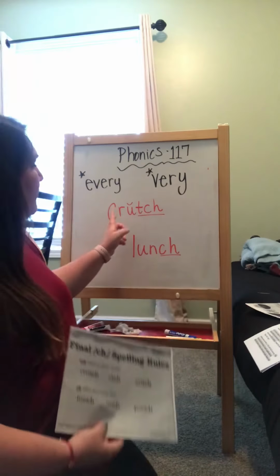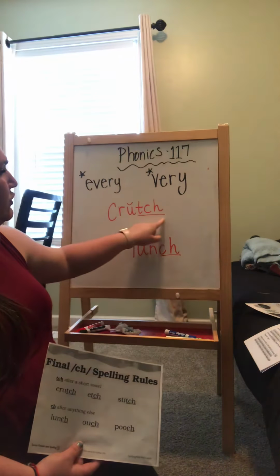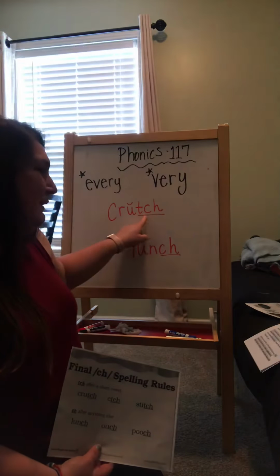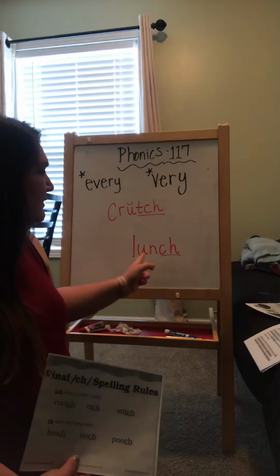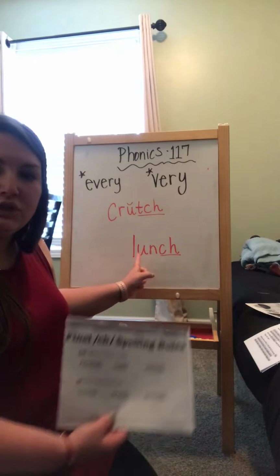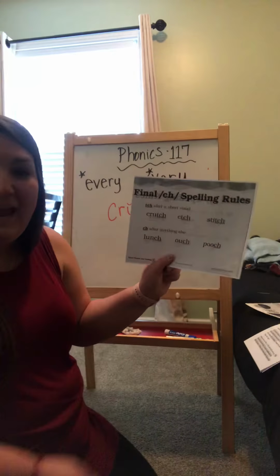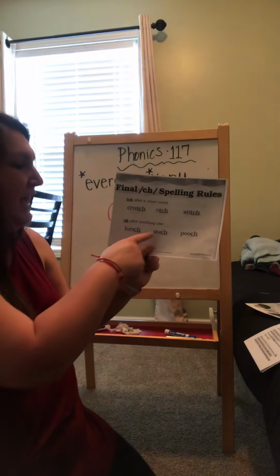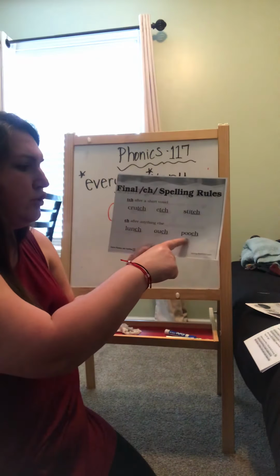So I wrote some up here for us. Crutch. So since the u is a short vowel sound, I know it's going to be TCH. Let's talk about the word lunch. CH after anything else. So like the words lunch, ouch, pooch.